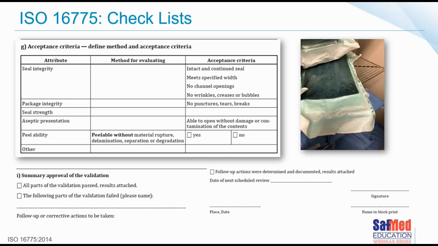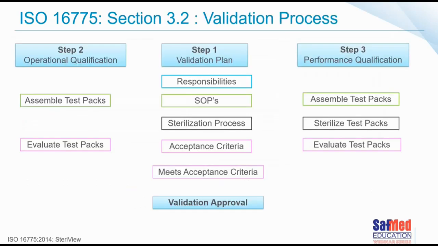Was the sterilant able to penetrate the packaging? Was it dry at the end of the cycle? Were you able to open the reel without contaminating the contents? And obviously then things like the peel direction, the space, did you put it in the right direction? Those kind of aspects. So that's what you have to define. You define what your acceptance criteria are.